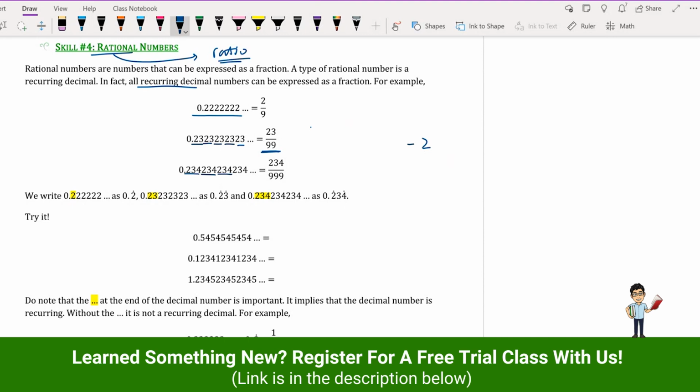What is -2? -2 is -2/1. -2.5 is -5/2. What's wrong with negative? Nothing wrong. Well, 0 is just 0. 0/1. Yeah, it's rational because 0 is 0/1.